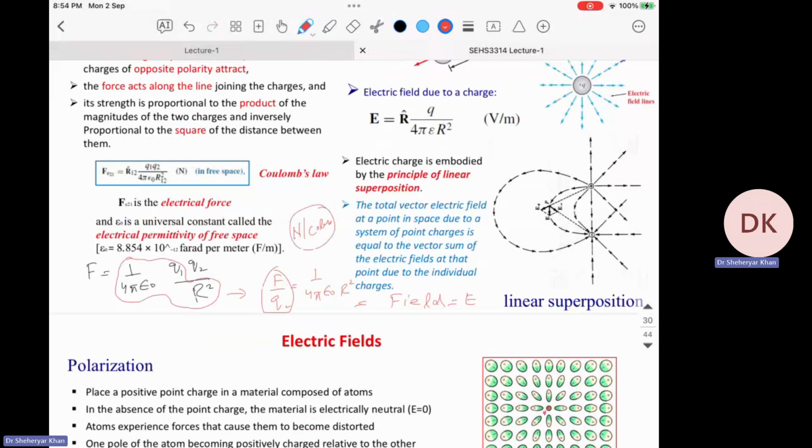So both units are correct. But in our next chapter, we will derive more formulas and see that the unit of electric field that is widely used is volt per meter, right?